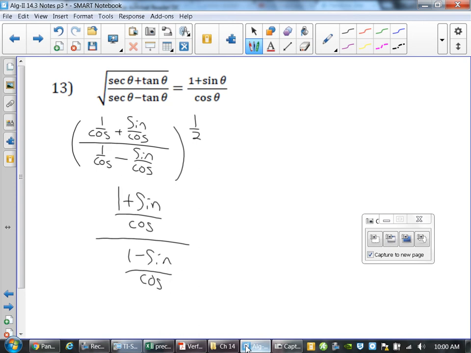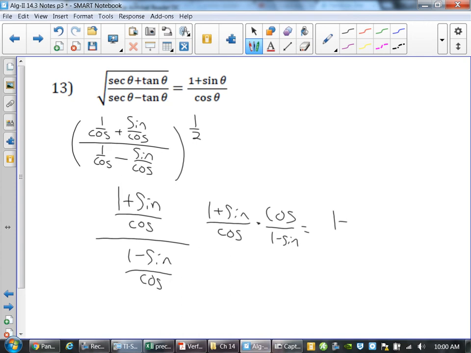You do that, multiply, and now you get 1 plus sine over cosine, and then times cosine over 1 minus sine. So you get 1 plus sine over 1 minus sine.